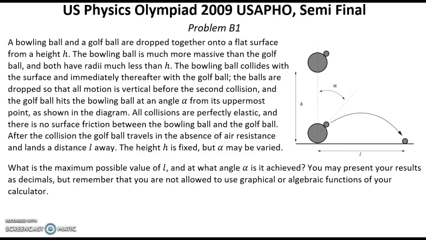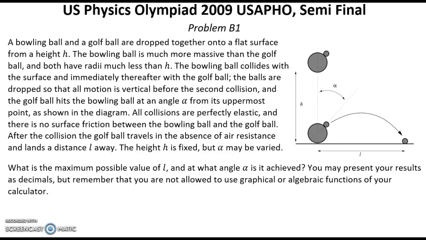Problem. A bowling ball and a golf ball are dropped together onto a flat surface from height h. The bowling ball is much more massive than the golf ball, and both have a radius much less than h. The bowling ball collides with the surface and immediately thereafter with the golf ball.